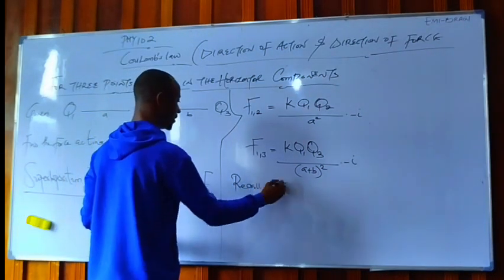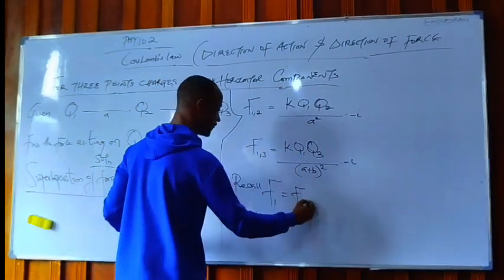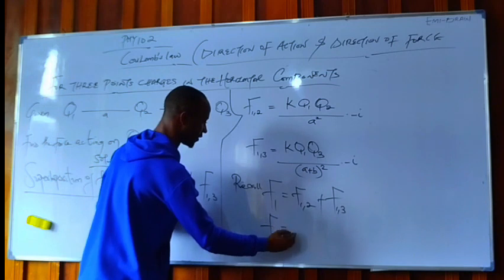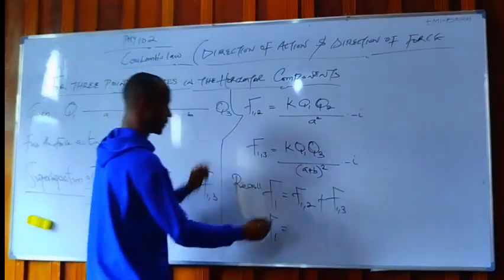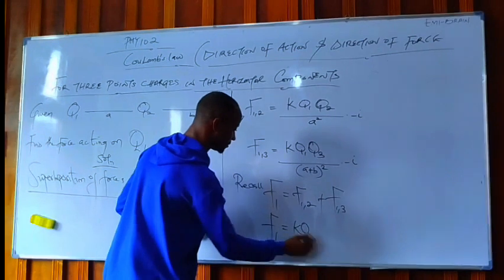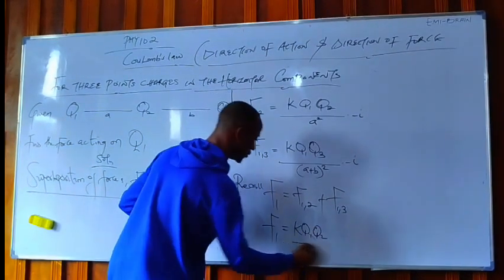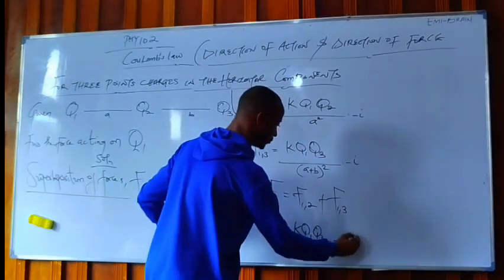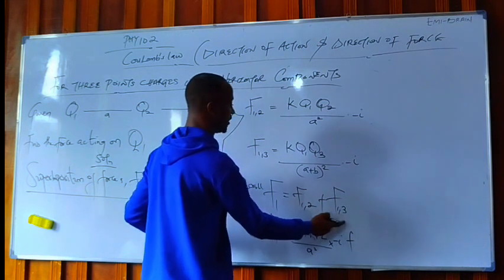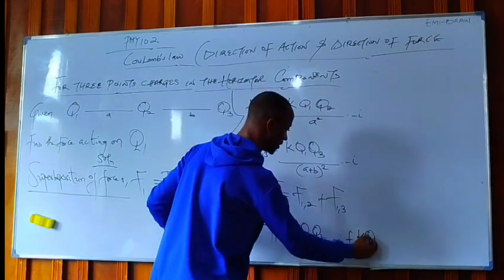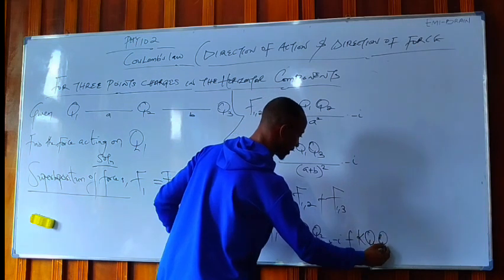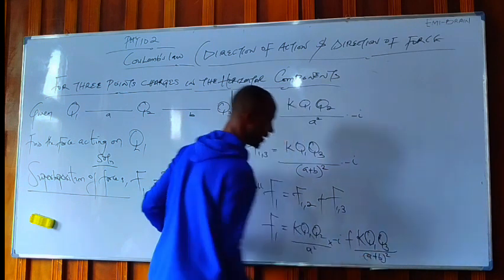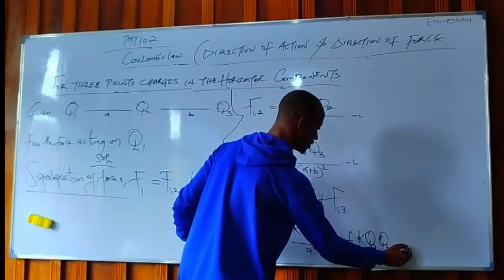Recall that F1 is F12 plus F13. That means F1 equals K Q1 Q2 over A squared times minus i, plus K Q1 Q3 over A plus B all squared times minus i.